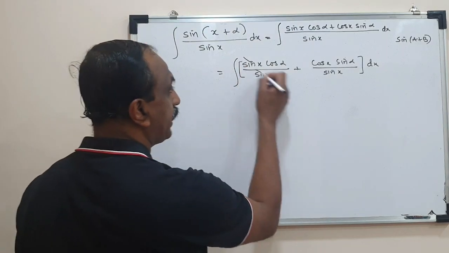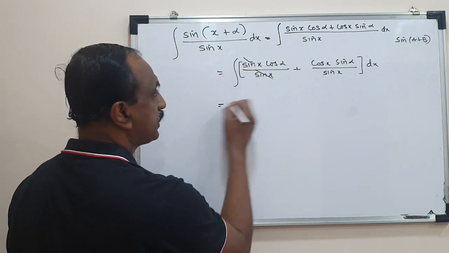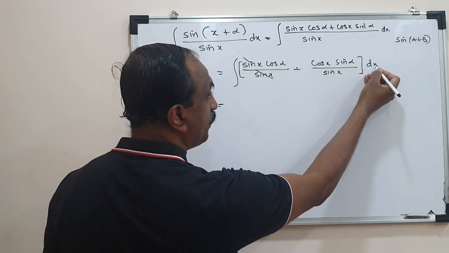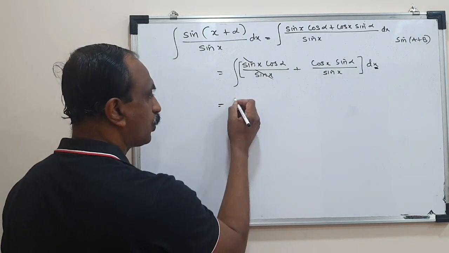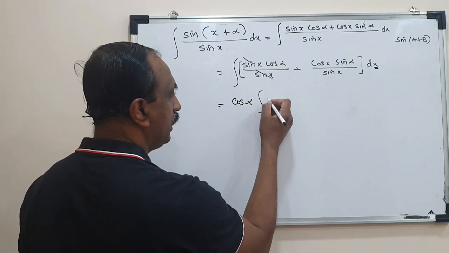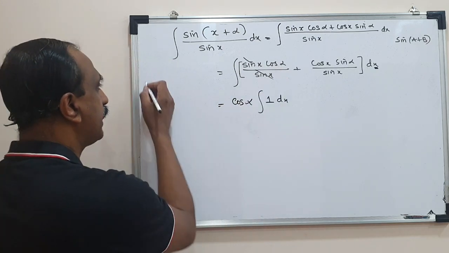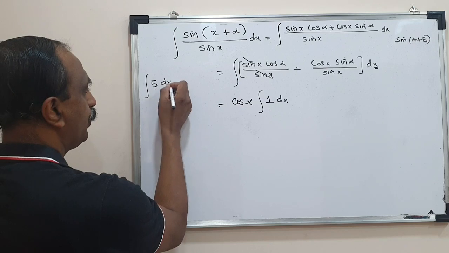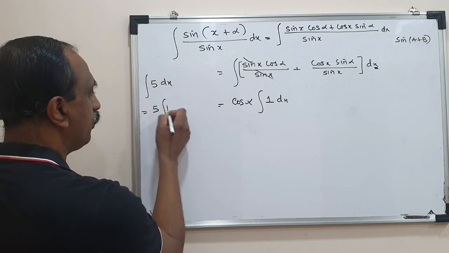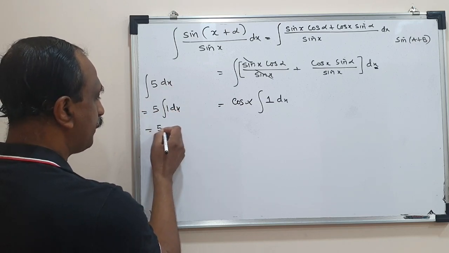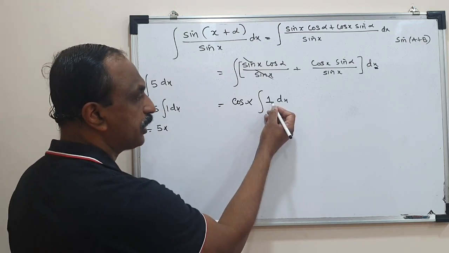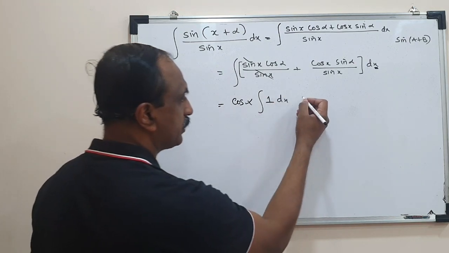So one more term will get cancelled and I can say cos alpha is a constant because the variable of integration is x. So cos alpha comes outside, integral 1 dx. When a constant is removed outside, it is like integral of pi dx. How do you integrate pi dx? Pi goes outside, integral 1 dx, and we write your answer as pi x. Same way, cos alpha into integral 1, this will become x.